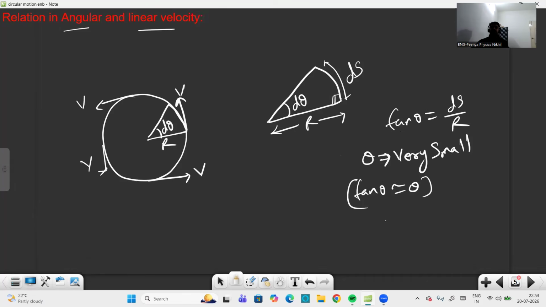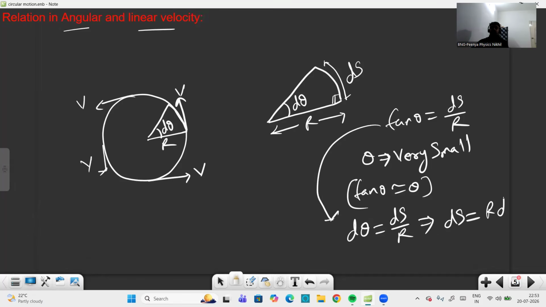So tan theta equals theta, and that theta is a very small value, so we write d theta. That's why d theta equals ds by r. Cross multiplying, ds equals r d theta. This is a relation between linear displacement, radius, and angular displacement.